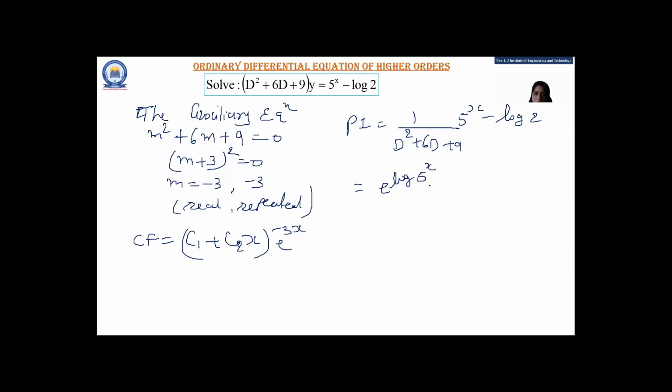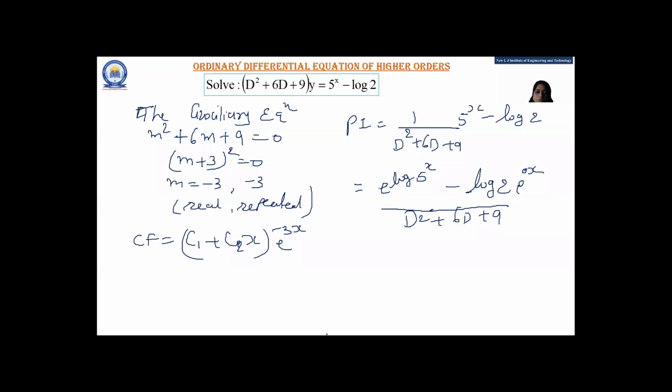Both are same. Minus log 2 is what, student? Log 2 is a constant term. So we put here log 2 e raised to 0x. Both are same. 5 raised to x is e raised to x log 5, and log 2 is log 2 into e raised to 0x, upon d square plus 6d plus 9.